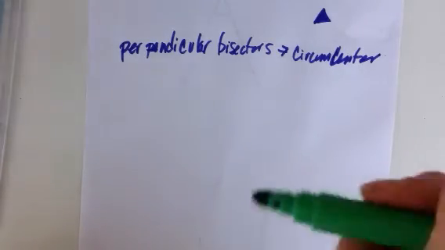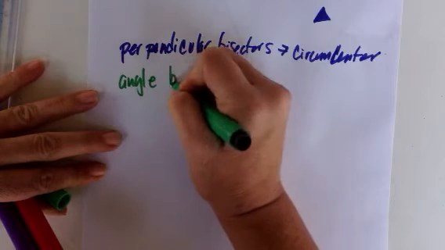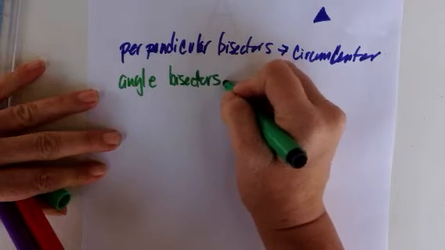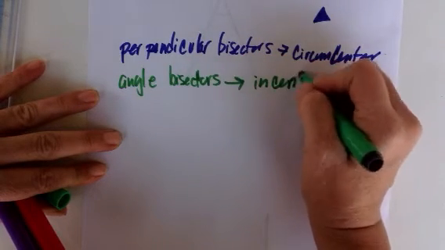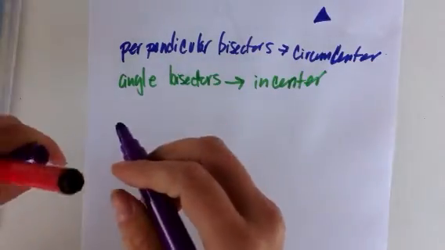Then we had the angle bisectors. They're going to cross at the incenter. Then we had the medians.